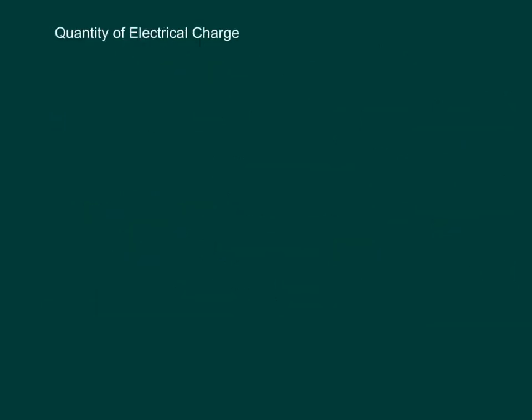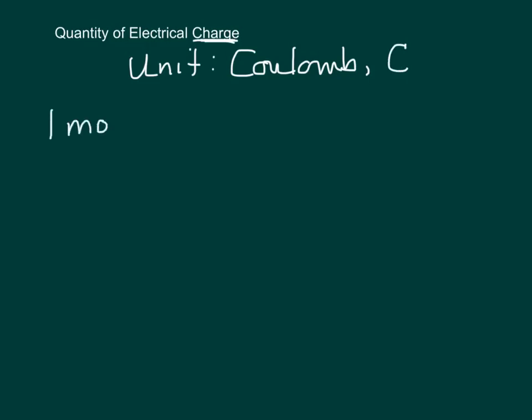So let's define a few things, some really important terms and relationships. Here we're going to talk about the quantity of charge. The unit of charge is going to be a coulomb, and it's abbreviated with a capital C. An important relationship here is that if you have 1 mole of electrons, they have 9.648 times 10 to the 4th coulombs worth of charge.